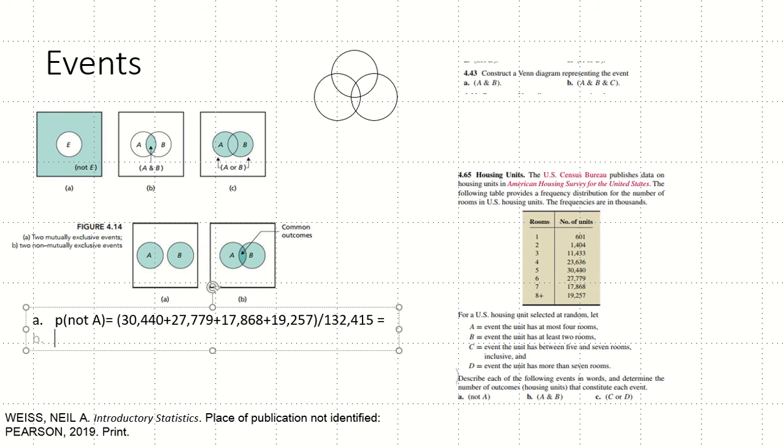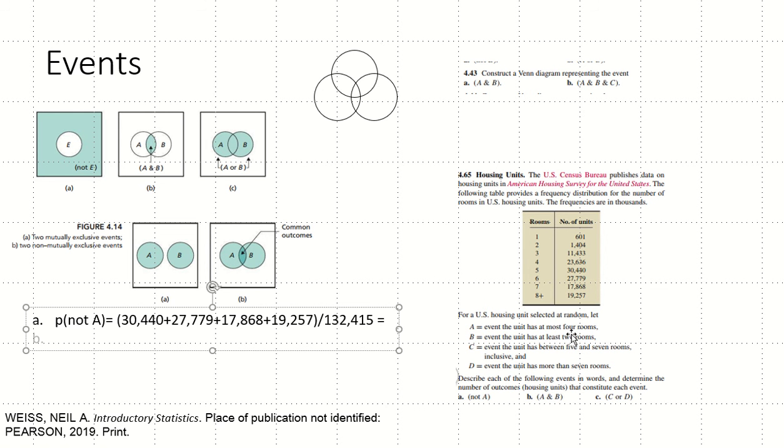Letter B says A and B. Based on the Venn diagram, when we are looking for the probability of A and B, it's what they share in common. So let's do that. A says it has at most 4 rooms, and then B says it has at least 2 rooms. So what do they have in common?